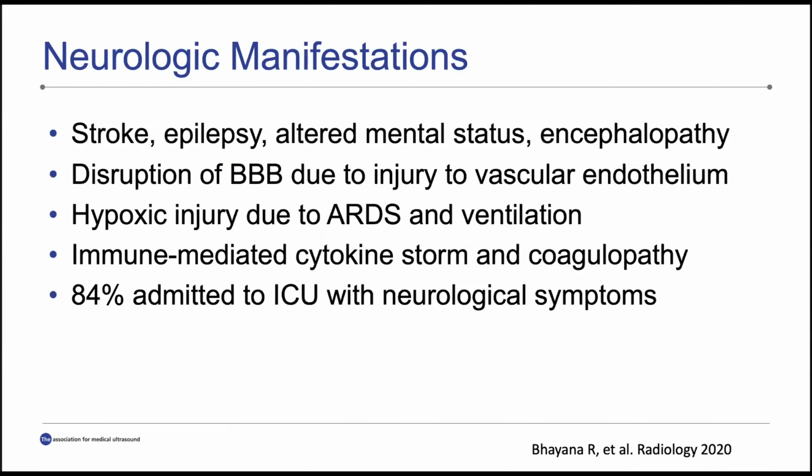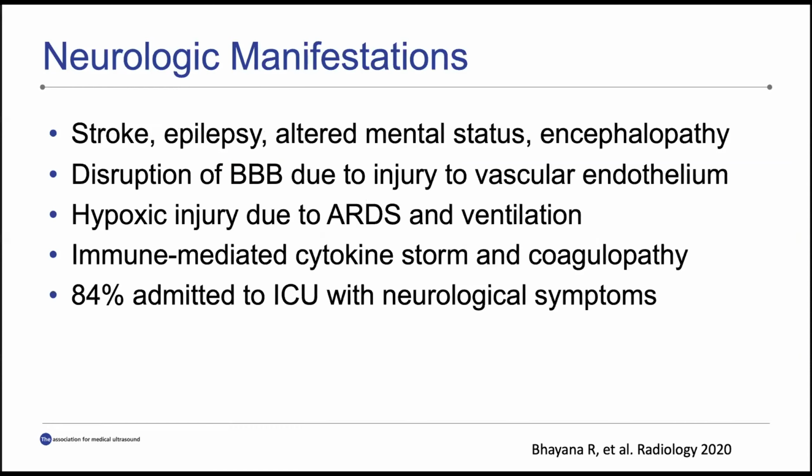Now, neurologic manifestations are not uncommon, and patients may have symptoms of stroke, epilepsy, altered mental status, and encephalopathy. This is in part due to disruption of the blood-brain barrier due to injury to the vascular endothelium. Again, the cells being invaded through those ACE2 receptors.